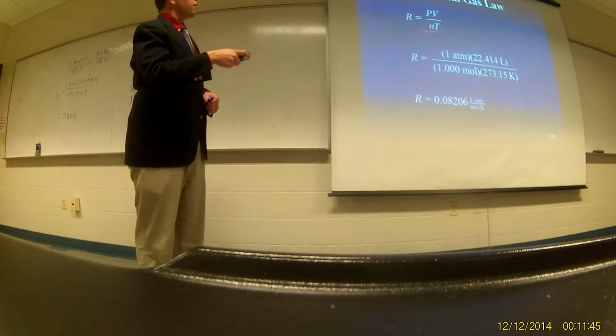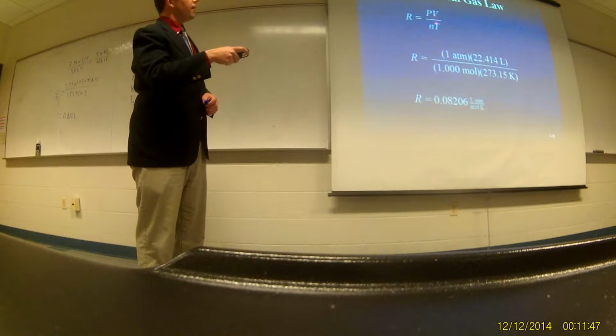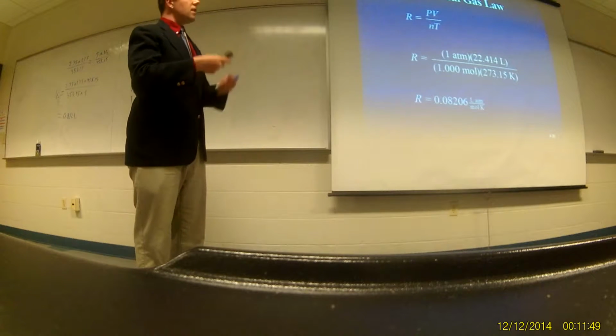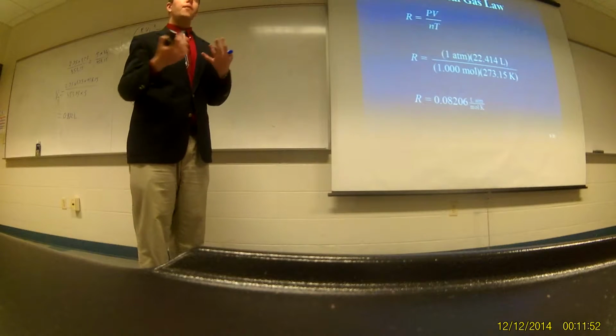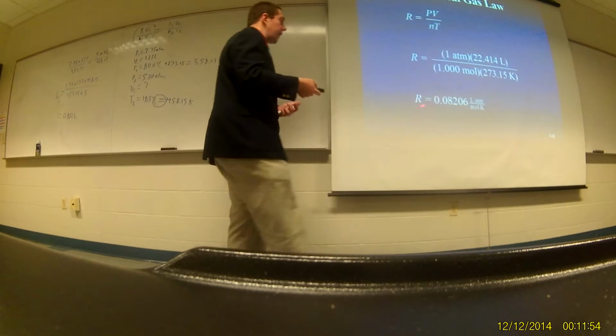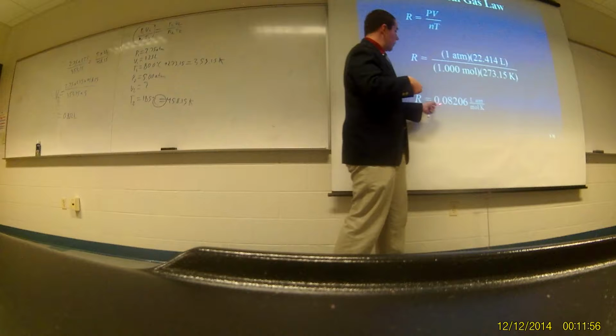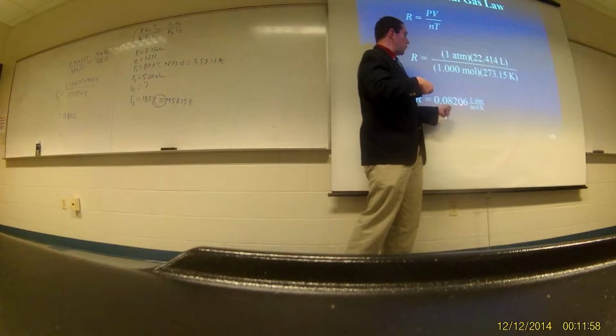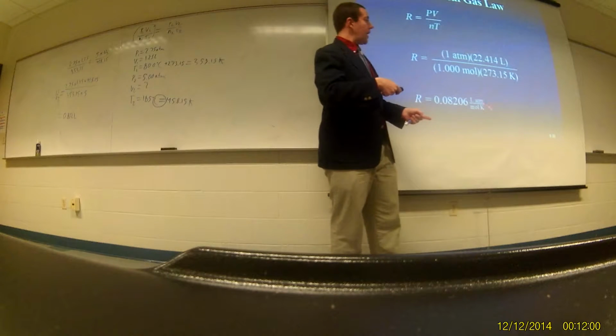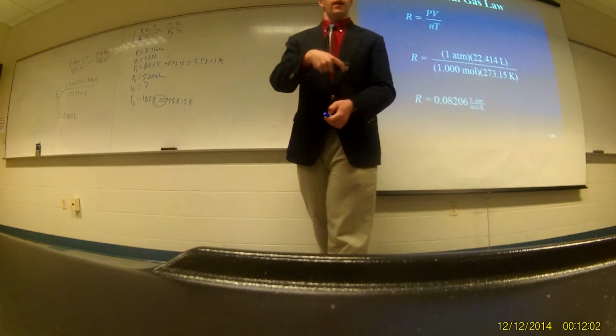So here is that R equals PV divided by nT. If you go in the lab, you figure something out, put them in, what you figure out is that R is equal to 0.08206 liter atmospheres per mole Kelvin.